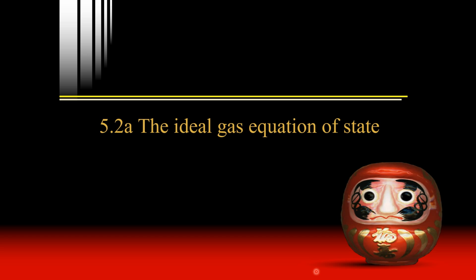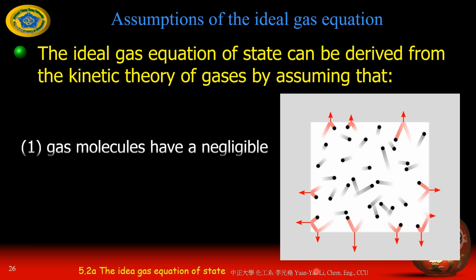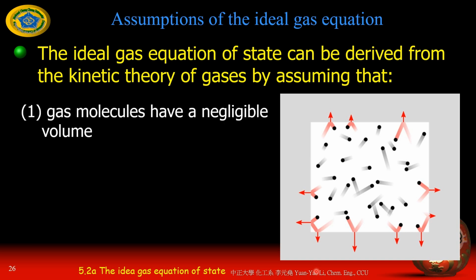So let's go to 5.2a, the ideal gas equation of state. The ideal gas equation of state can be derived from the kinetic theory of gases by assuming what? Theoretically, this can be regarded as an ideal gas because gas molecules have negligible volume. That means this is one atom or one molecule, and we don't count the volume in this space.